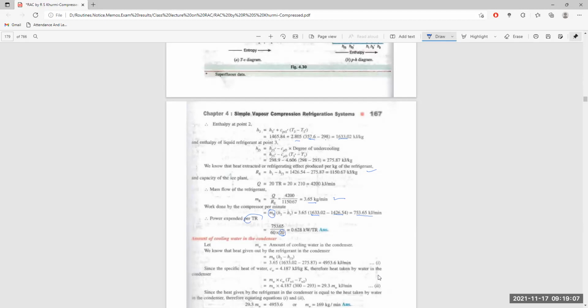The power expected is 753.65 kilojoule per minute, divided by 60 means kilojoule per second, which is kilowatt, and divided by 20 means kilowatt per ton itself.